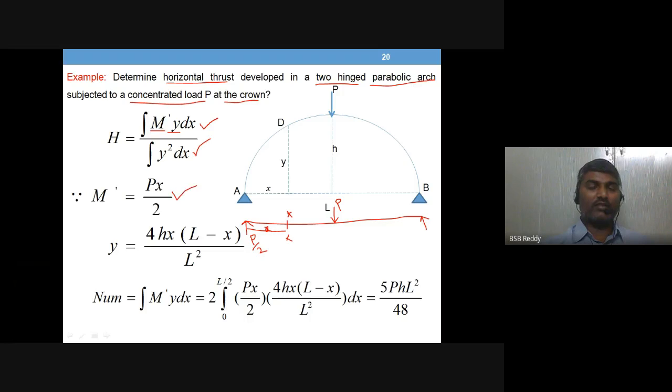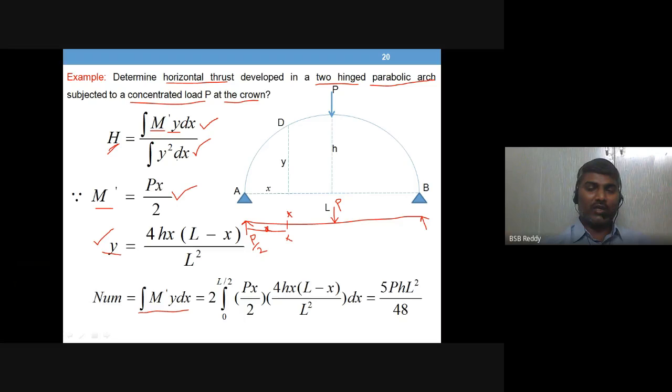That is what is M dash. What is y? The equation for the parabola is 4hx into (L minus x) divided by L square. So substitute these M dash and y into the numerator formula of h.